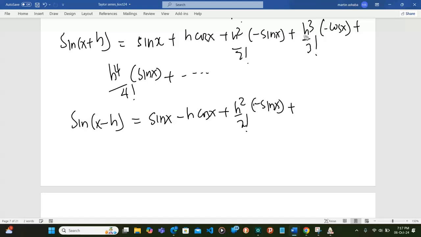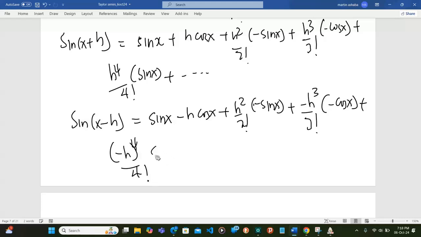Plus, if you have negative h, when you cube it you have negative h cubed out of 3 factorial into negative cos x. Then plus h to power 4, so negative h to power 4 remains h to power 4 divided by 4 factorial sine of x.